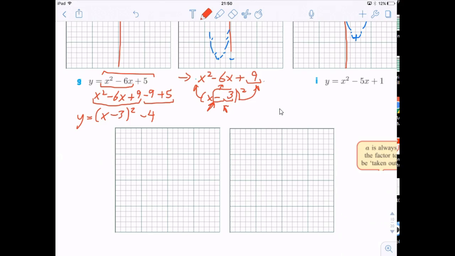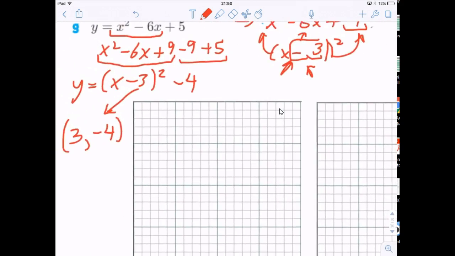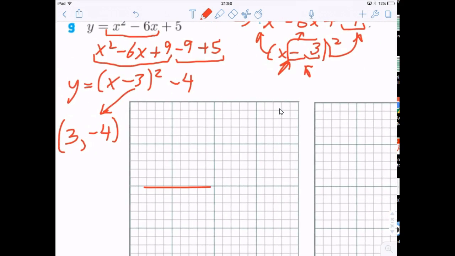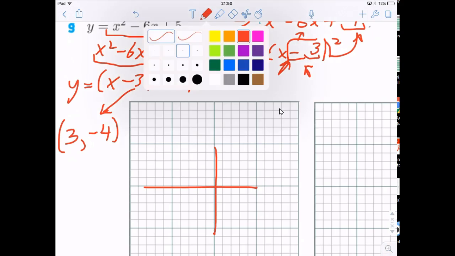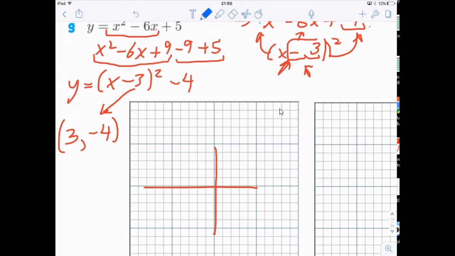And so from here we can see that the vertex is going to be at x equals positive 3 and y equals negative 4. And it's of course a standard width parabola because the a value here is 1 again. So we're going to put the vertex at 3 and negative 4.